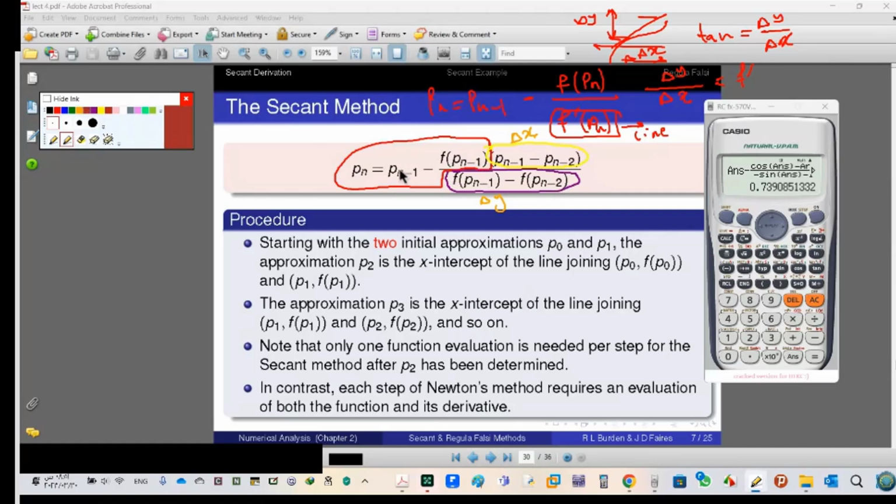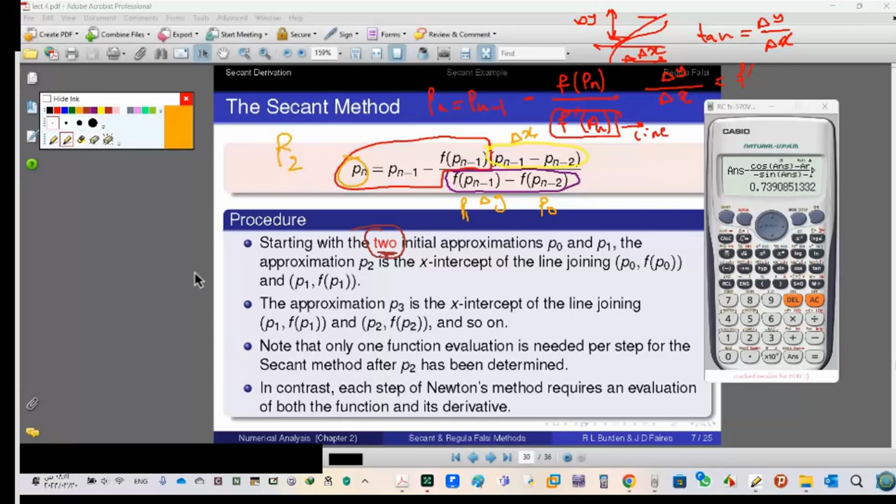See, in this method we start with two initial approximations, P0 and P1. In Newton-Raphson, we have 1 point to start. In the secant method, we have 2 points to start. We have two initial approximations P0 and P1. So again, see, if this is P0 and this is P1, this will be P2. In Newton's method, we start from P1.